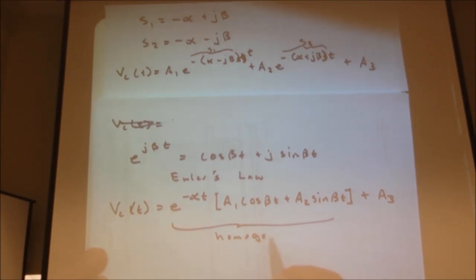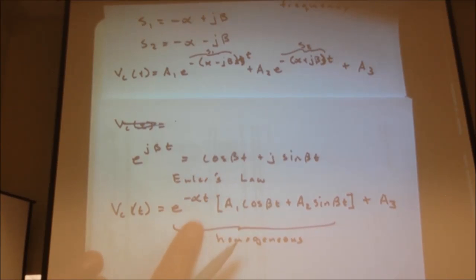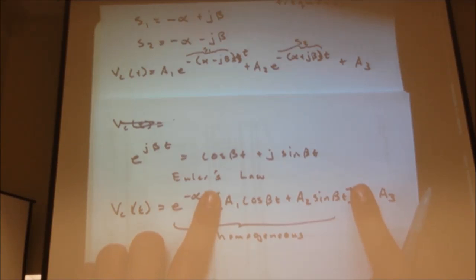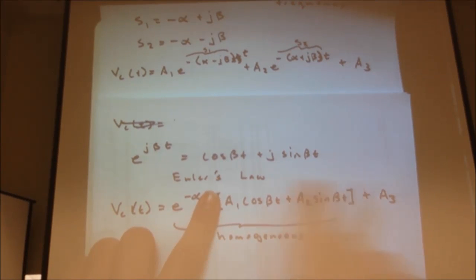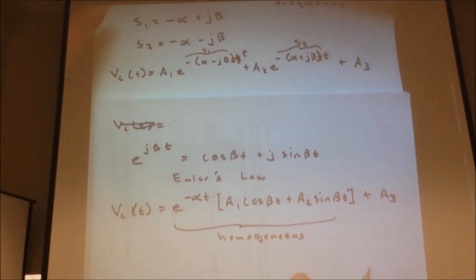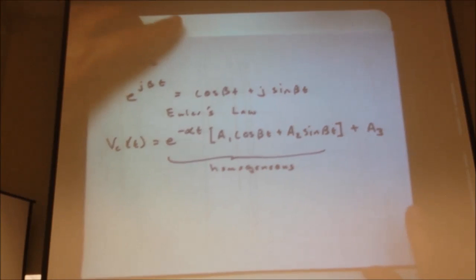And as it should with our transients, it decays to 0 as time goes to infinity. This term again becomes exponentially large, but it oscillates. And we talked about this before. This is a single sinusoid. It just has a phase term and a magnitude. But I like to write it like this because I think it's much easier to solve, and we'll see that next week.